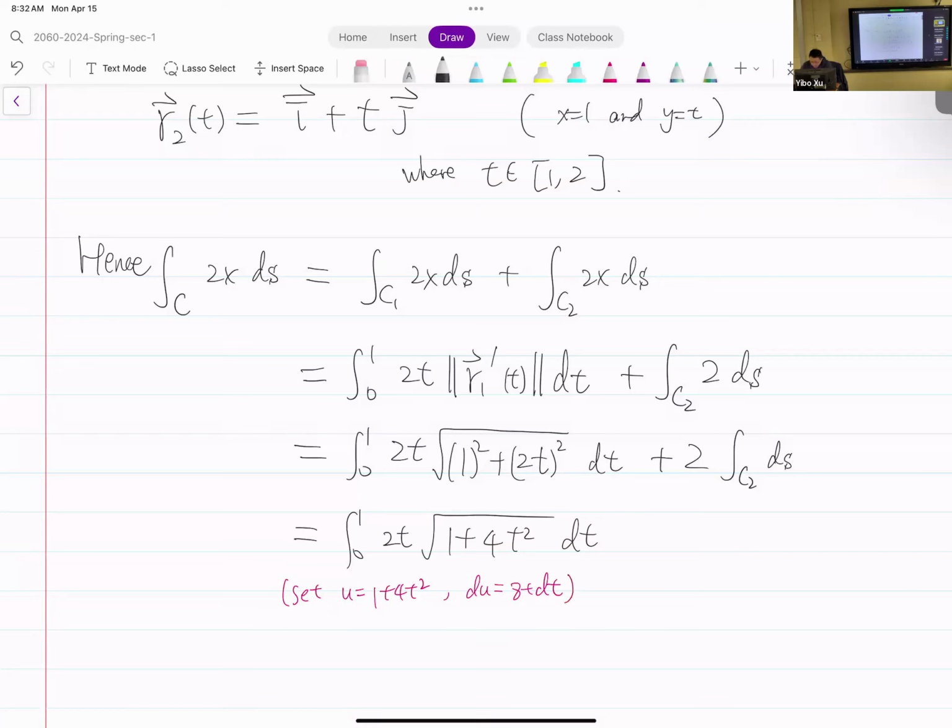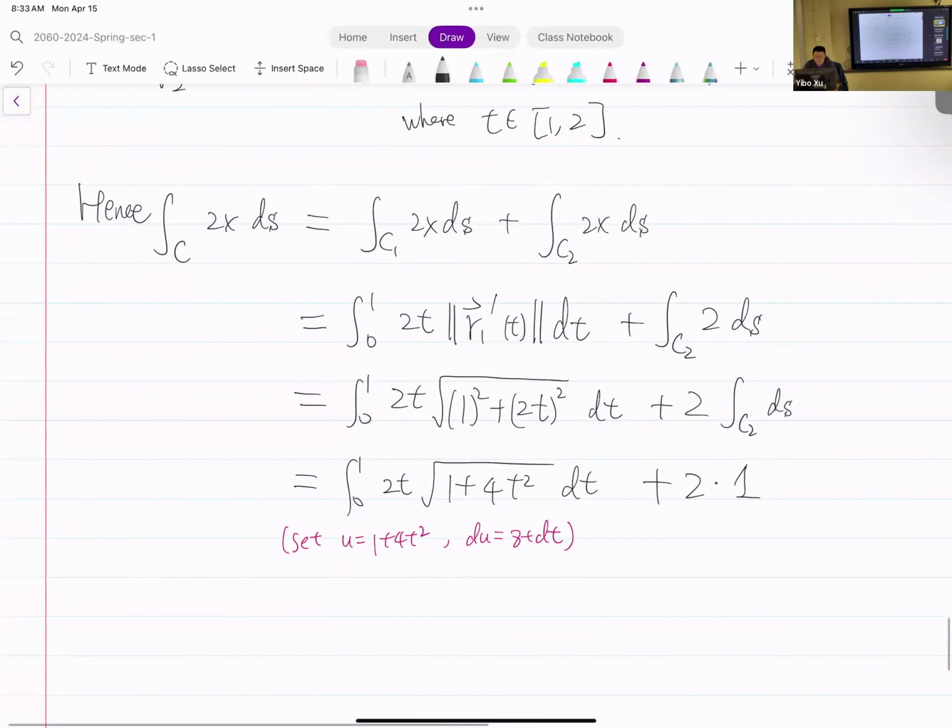So this part you can handle. And now for the second integral, this is 2 times the arc length along C2. Basically we're just moving vertically up from the point (1, 1) to (1, 2). So the arc length along C2 is actually 1, the length of the line segment. That's good.